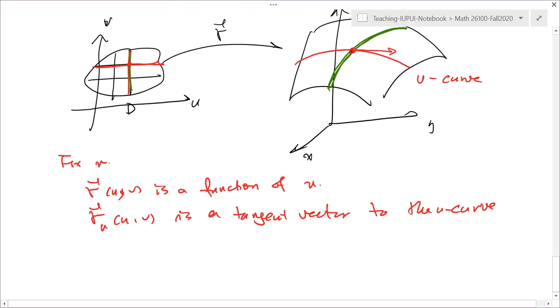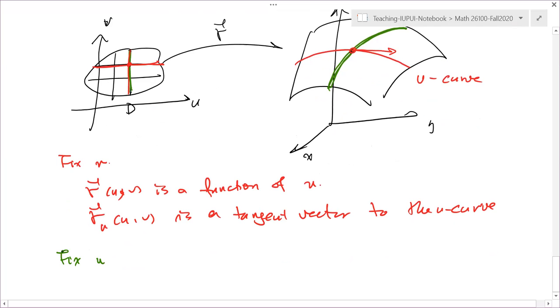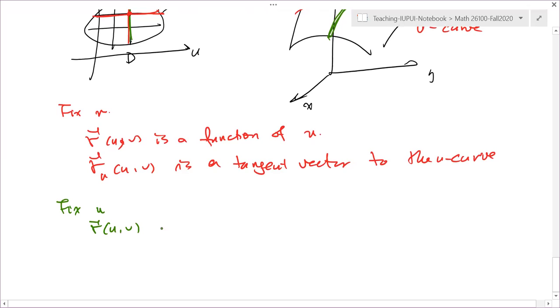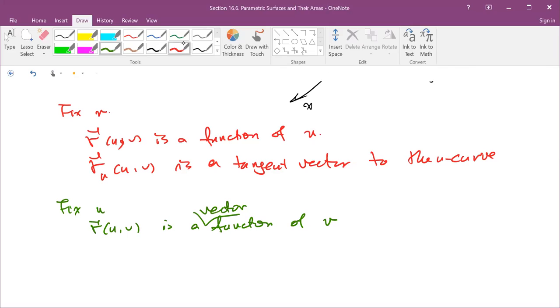And then if we fix u, then r(u,v) is a function, actually a vector function, right? Vector valued function more precisely, of v, okay?